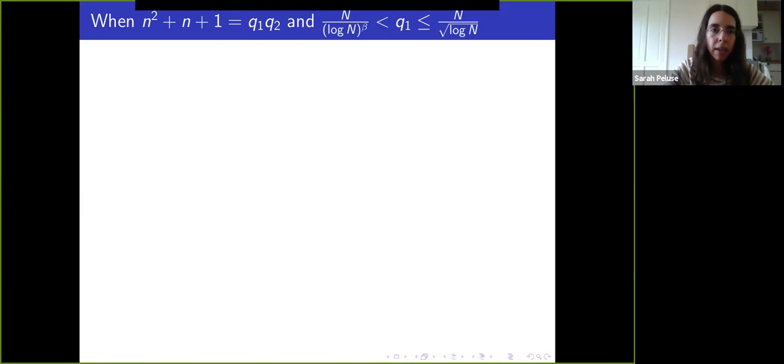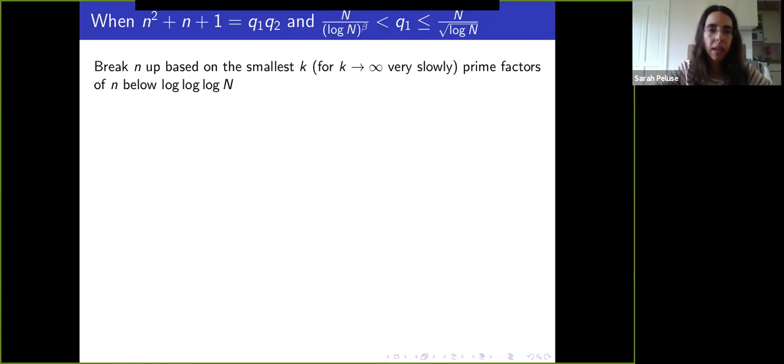We start by splitting these n up based on their smallest k prime factors, for k something like very slowly going to infinity. And we want these k prime factors to all be below log n. The number of n such that n squared plus n plus 1 is the product of two primes and also doesn't have k prime factors below log n turns out to be negligible. So it's fine to ignore them.